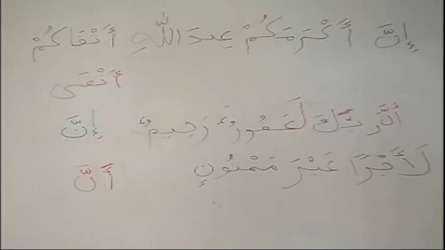If you get a time, you will read the ayah number 177 from Surah Al-Baqarah. 177. The scholars call it Ayatul Bir. That describes the person of taqwa. Who is the person who has taqwa? That ayah describes. Are you with me?